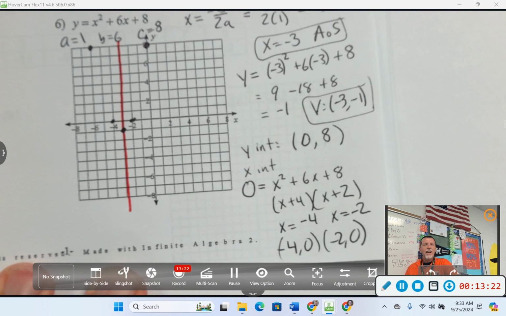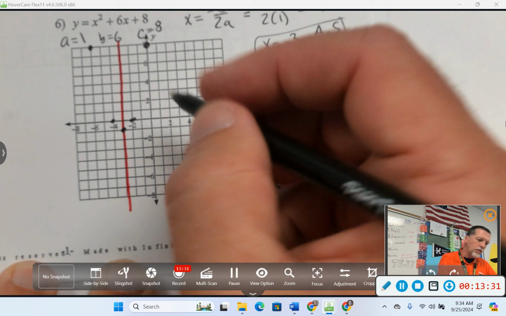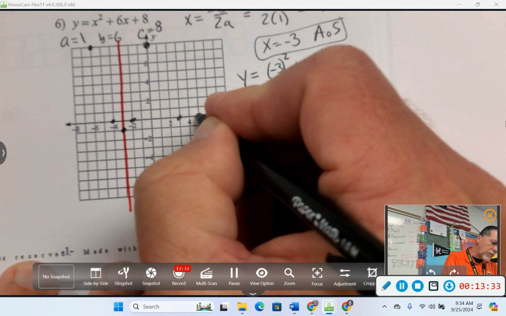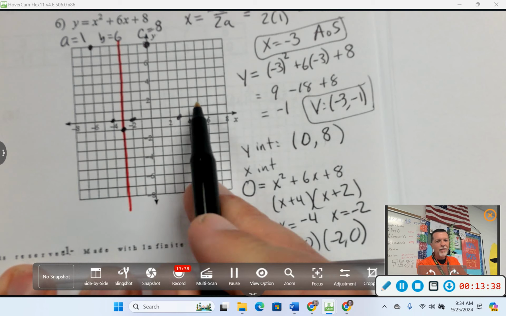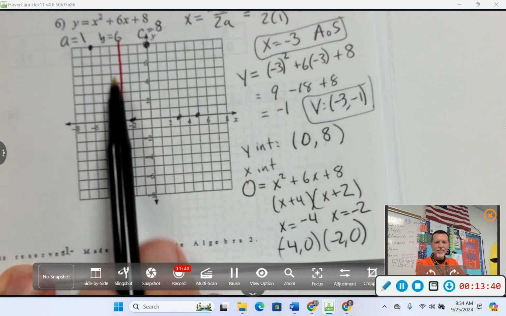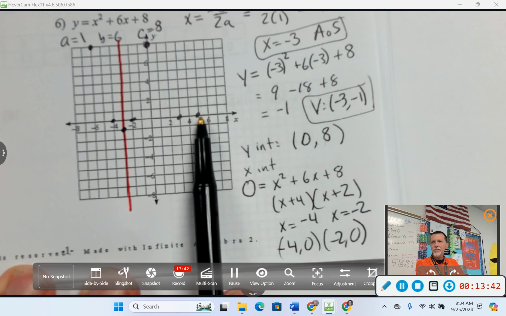And I know doing lots of stuff on one problem is sometimes a pain, but it's also kind of a help because it should all fit together. Like if you factor it and you decide that your x-intercepts are over here, well, hopefully you realize, wait a minute, something is not right. I can't have an axis of symmetry here and x-intercepts over there.